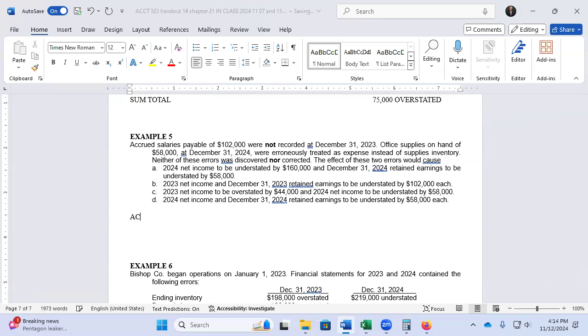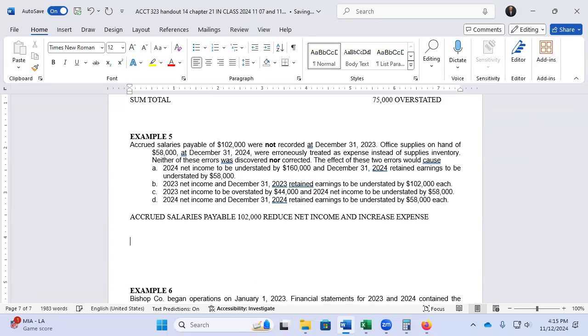So accrued salaries payable, right? 102,000 would reduce net income and increase expense. So we have to think about that.